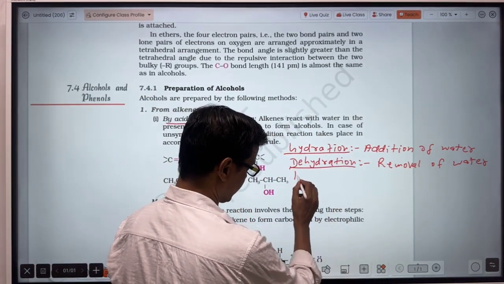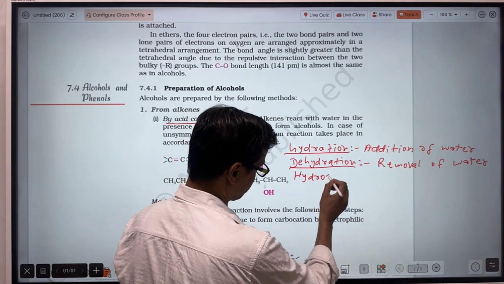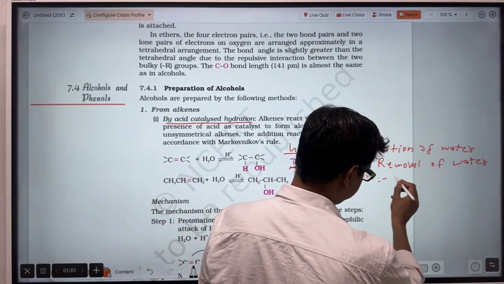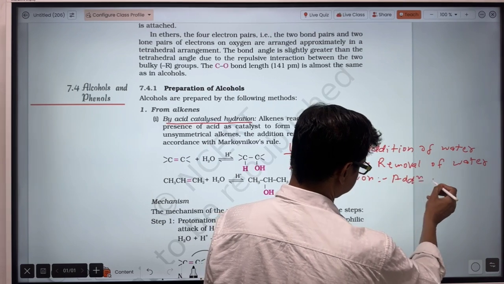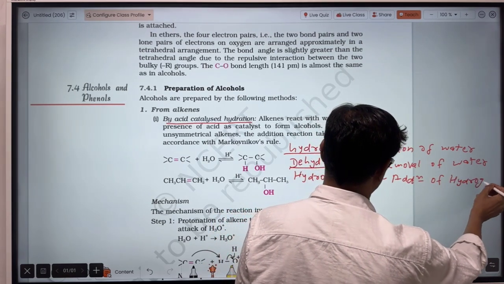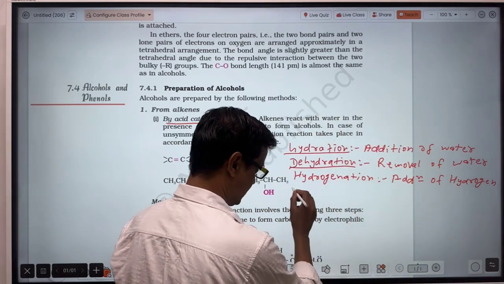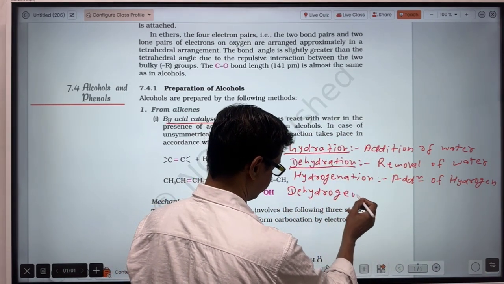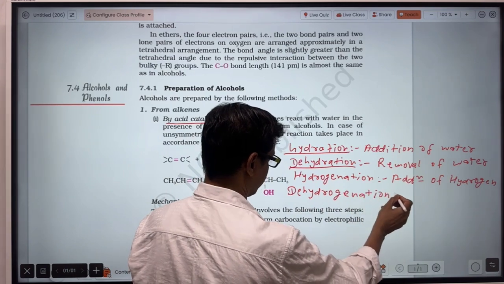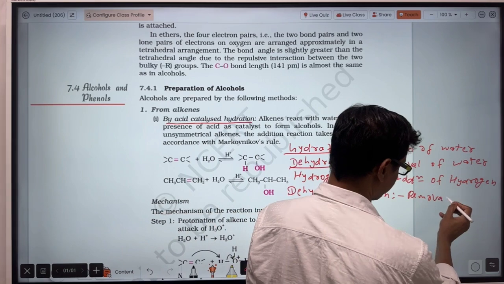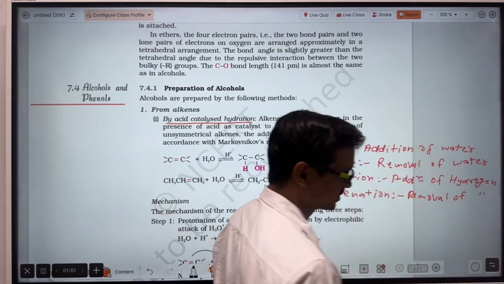Make a difference: one is hydrogenation. Hydrogenation means addition of hydrogen, and dehydrogenation means removal of hydrogen.